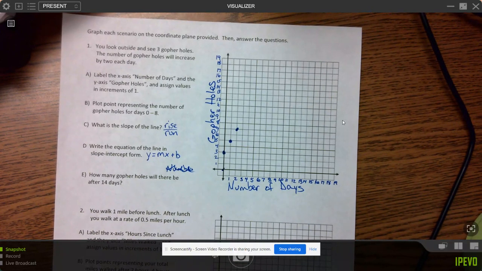Number 2, I'm going to have you work with number 2 on your own. See if you can figure it out. And I would like for this to be on your own for at least 15 minutes. Try to figure it out yourself. I know we love to work with our partners and work with our friends to figure it out, but I want you to figure it out on your own.